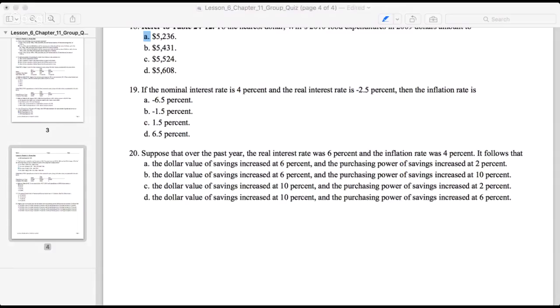If the nominal interest rate is 4%... It has to be a minus 6.5, I guess. I think it's A. Okay, let me work that one really quick.